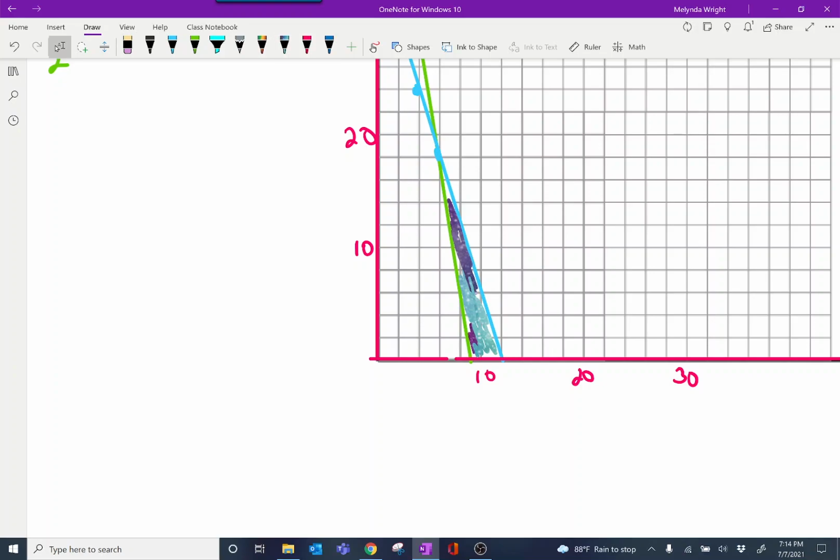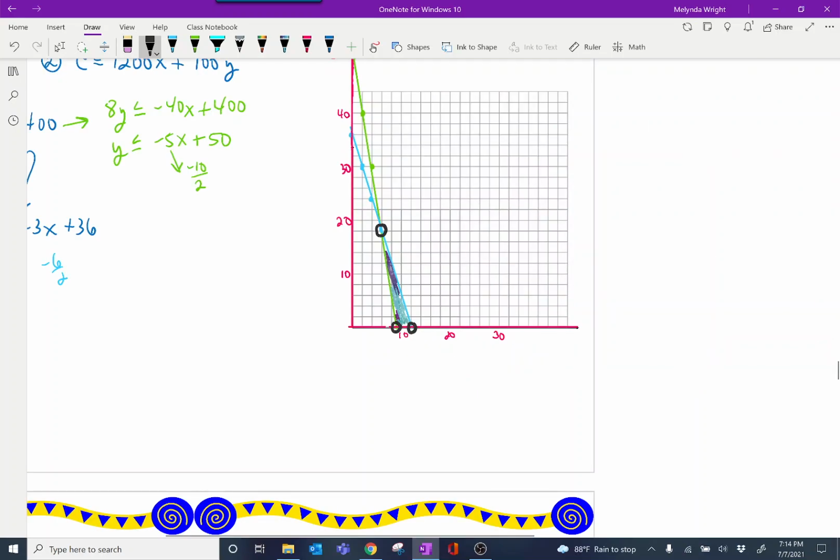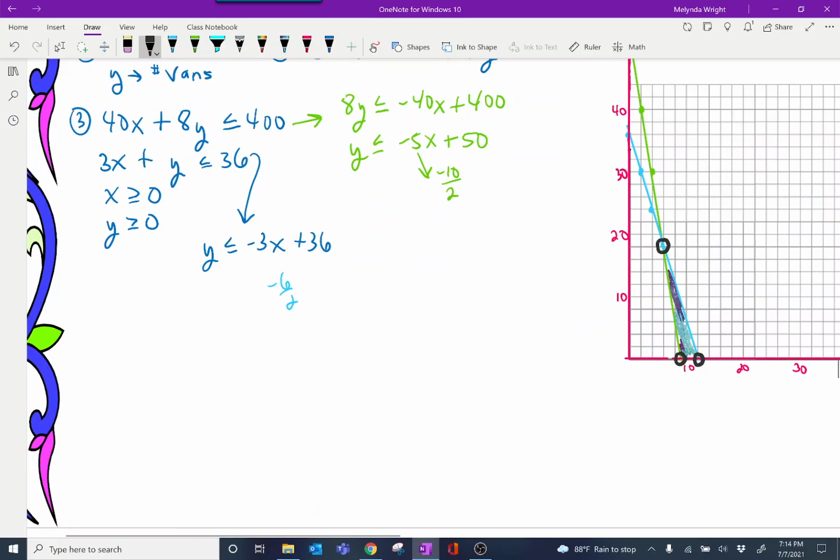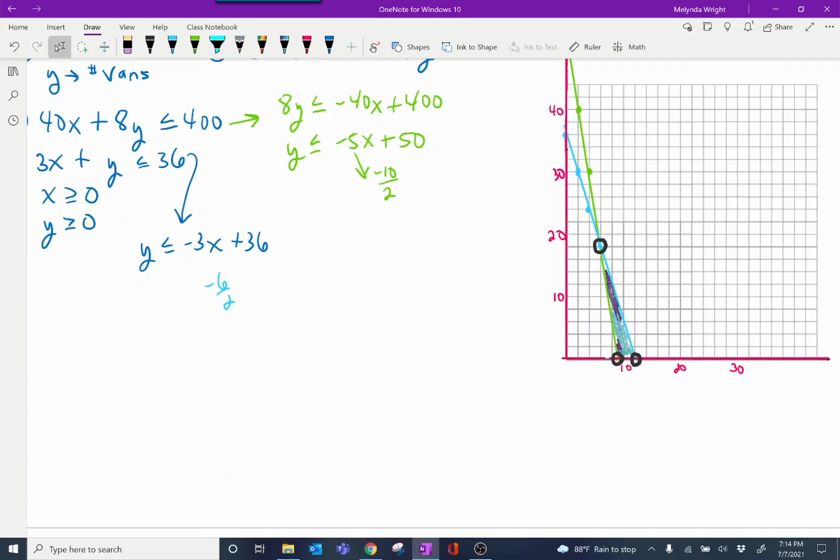All right, so let's outline our vertices. We've got this one, and we've got these two down here. All right, so let's list those vertices. We'll call this one number 1, and this one number 2, and that one number 3.